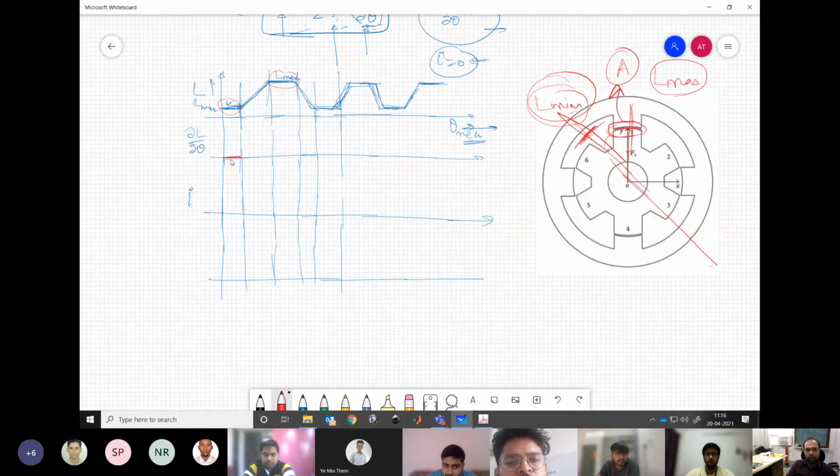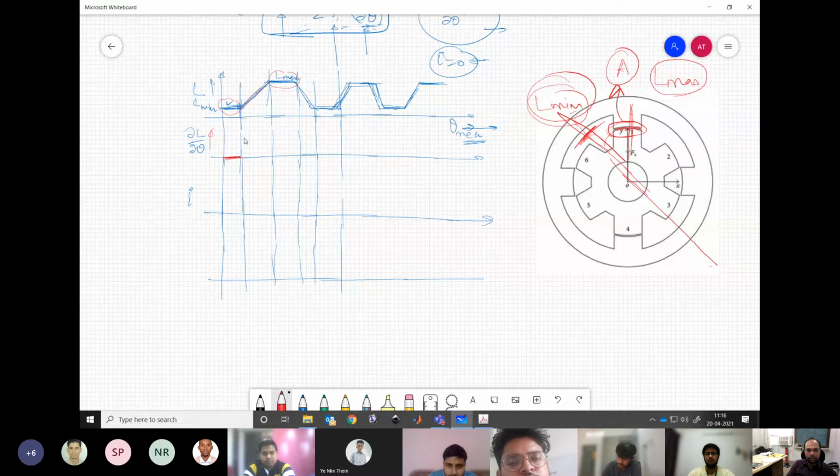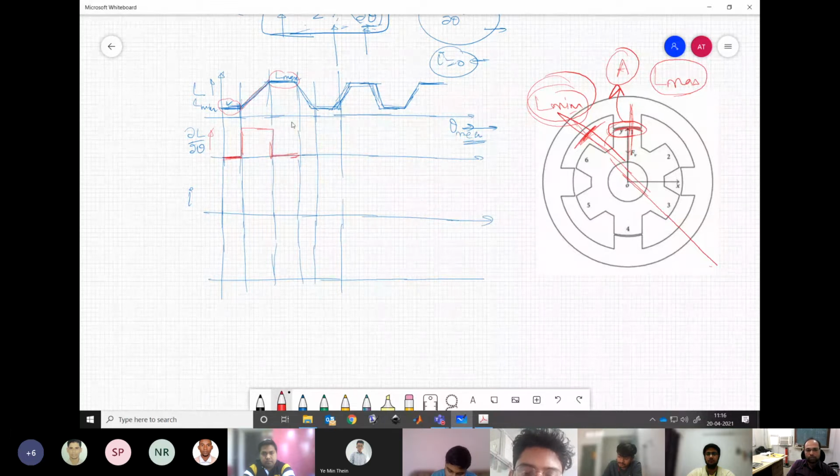And this is where there is no effect. There is no change in L by small theta movement, 10 degrees, 20 degrees. There is no such change. So then our dou L by dou theta is actually 0. Whereas for this interval, when it is rising from L minimum to L maximum, we will have a positive dL by d theta. Again, this will go to 0 in this position.